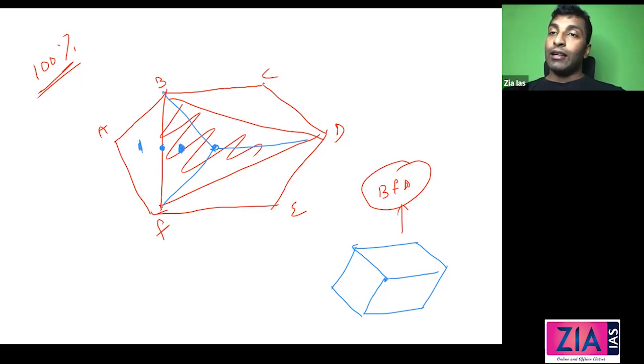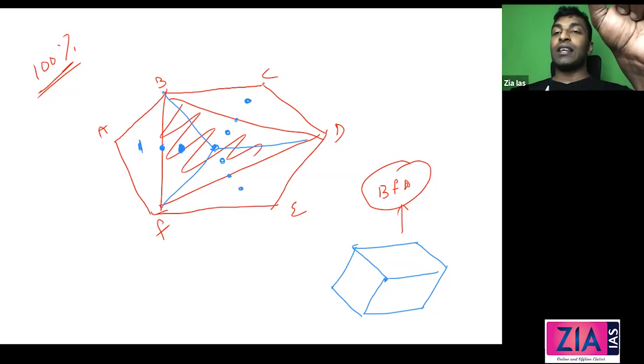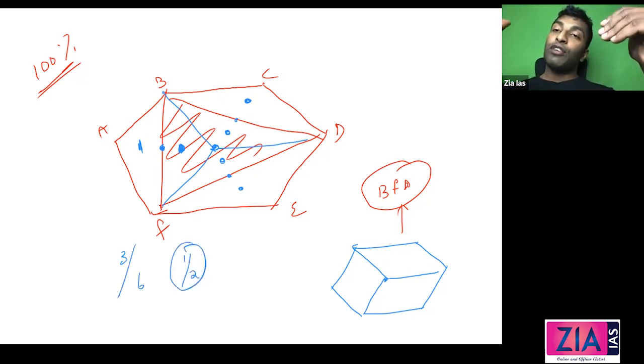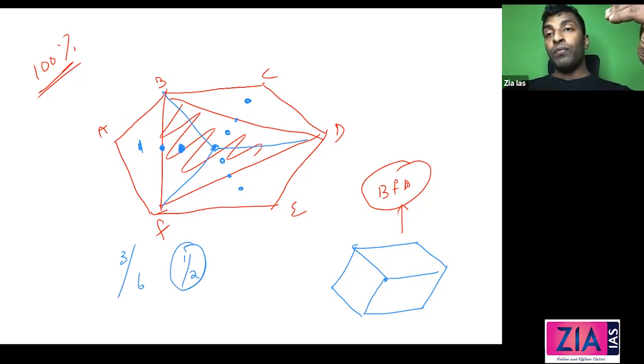Similarly, this is a diagonal. So this is one equal portion, this is another equal portion. This is a diagonal. So this is one equal portion, this is one equal portion. So how many equal portions are there? Total 6 are there. Out of which how many are shaded? 3 are shaded. So 3 by 6 means 1 by 2. So what is the area of the triangle? It will be 1 by 2 of the hexagon. This is how you will get it.